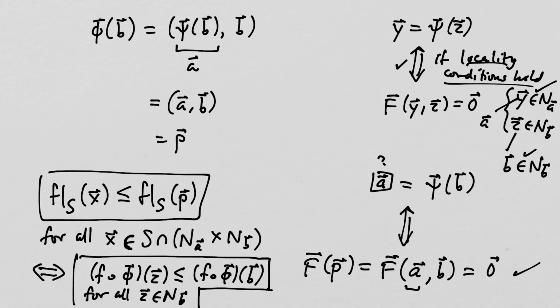Okay, so this one was given. That's the thing that expresses that p is a global maximum point for f restricted to S. But now we've put that in an equivalent form that involves compositions.